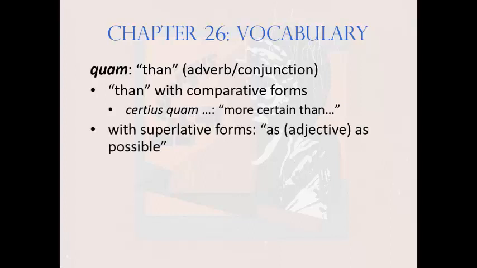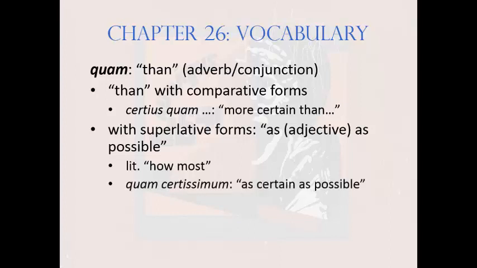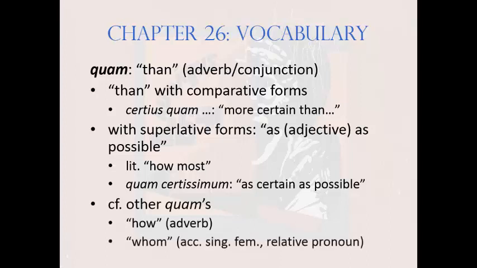With superlatives, it imports the sense as, whatever the adjective is, as possible. Literally, how most. For instance, quam certissimum, a thing as certain as possible. As we noted above, Latin has a number of quams, including an adverb that means how, and a relative pronoun form which means whom, accusative singular feminine.